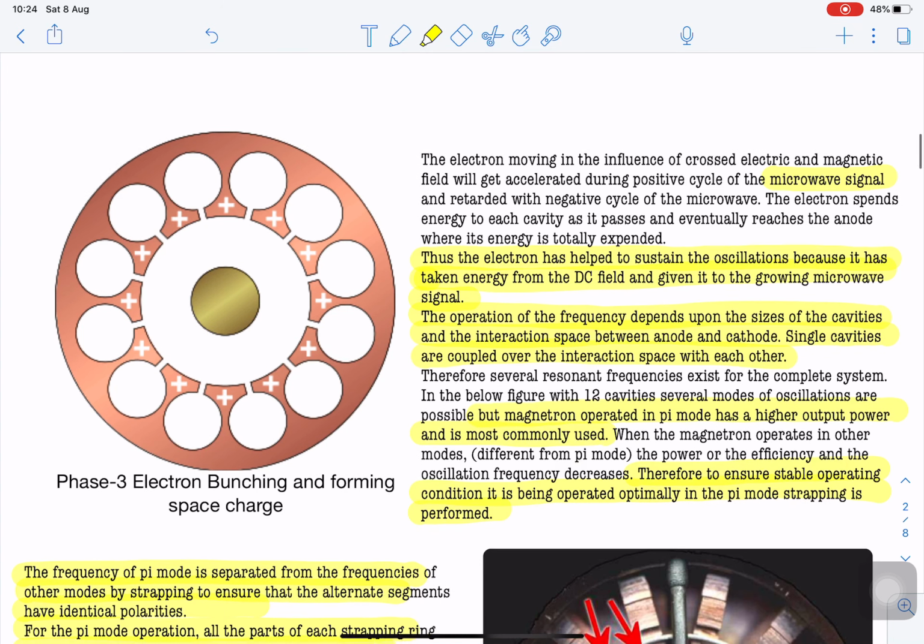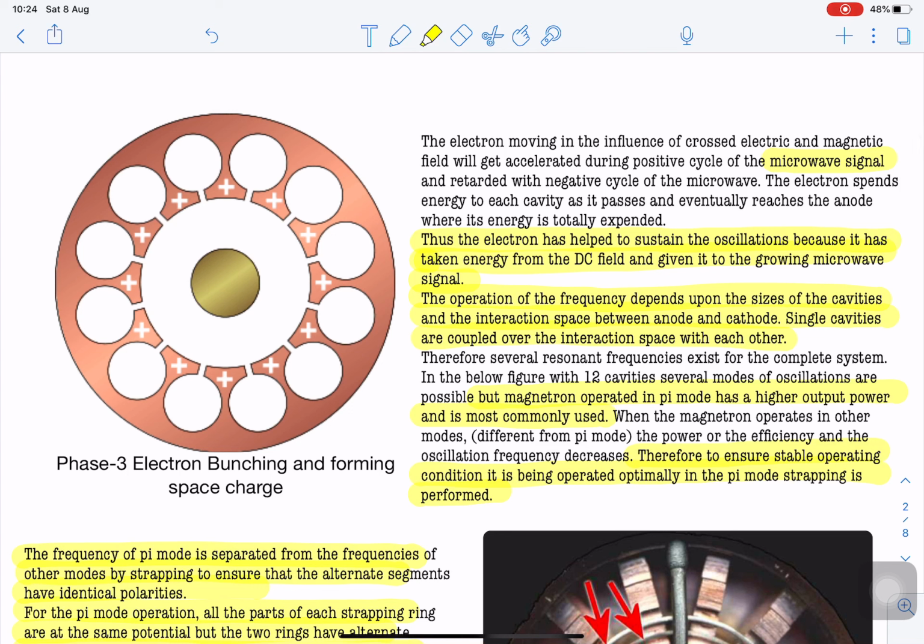So that is the operation of the magnetron. Now, what frequency this microwave magnetron tube generates depends upon the size of the cavity and the interaction space between the anode and cathode. Single cavities are coupled over the interaction space with each other.